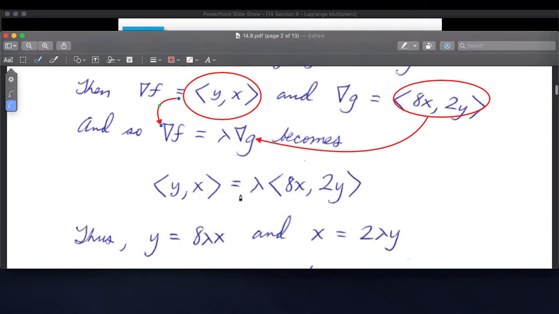So if I take lambda and simply distribute it into the vector here, then I simply get y equals 8 lambda x. Again, lambda is being multiplied into here, and then x equals 2 lambda y. So again, it's simply the first component equals the first component, and the second component equals the second component.